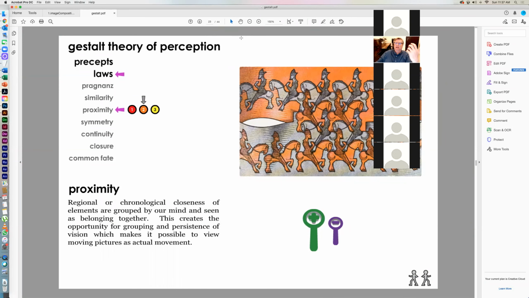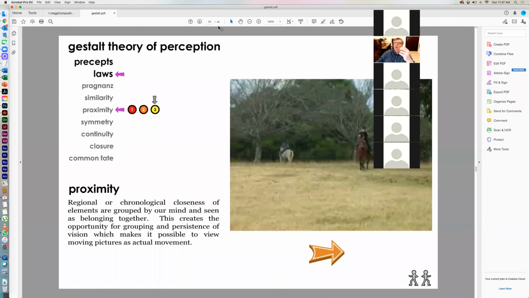So this is an example. Let's see if I can play it, because it's not a video. But when we look at video, what we actually see is a series of still pictures. We are not watching motion. By connection of those images, their proximity, the speed at which movement is shown greatly affects whether we connect it or not. So that's why this will be a little weird, but let me try.